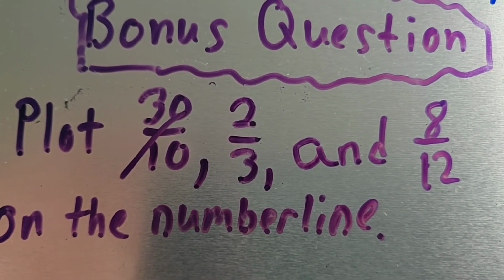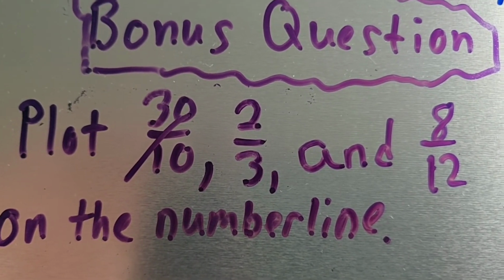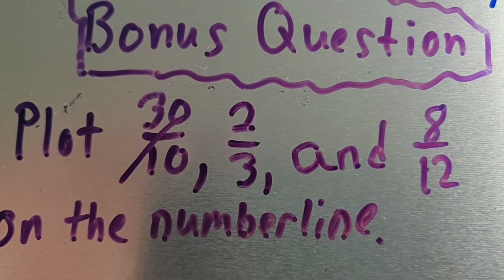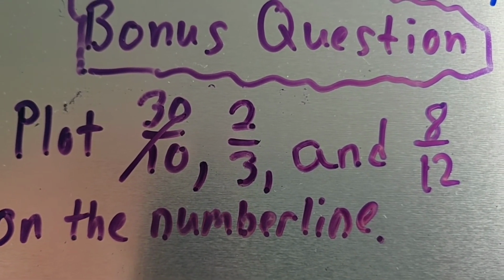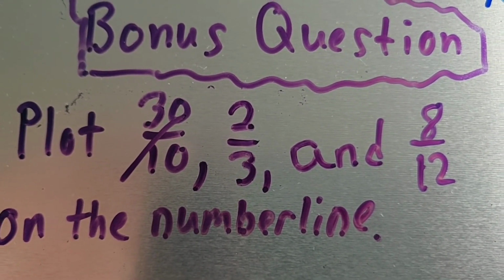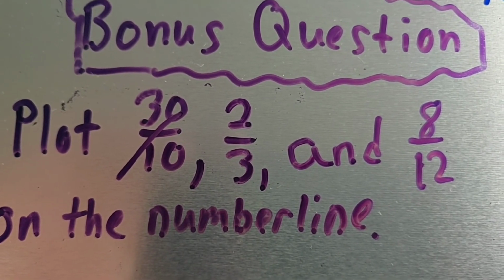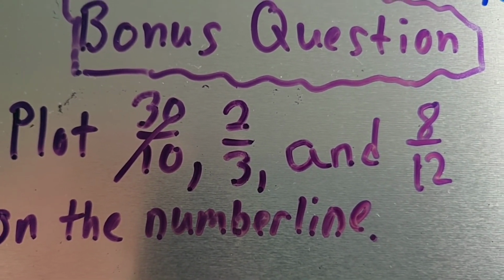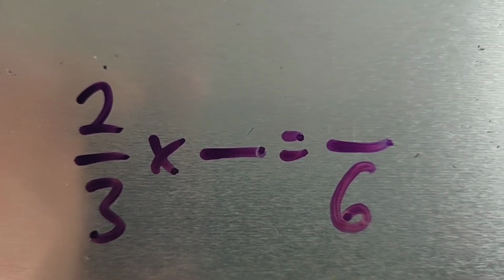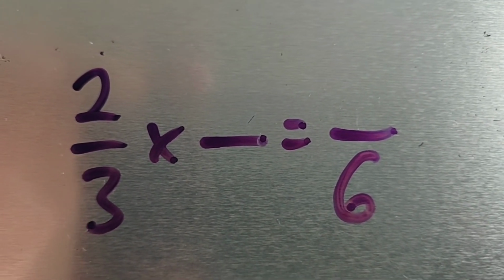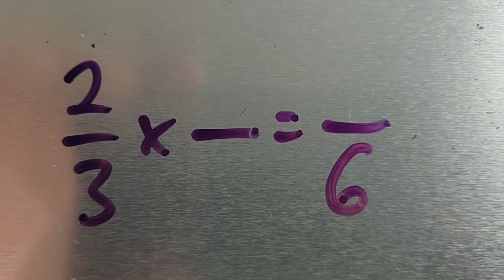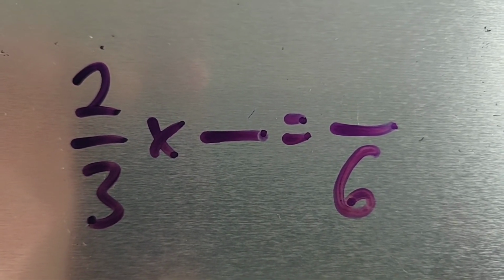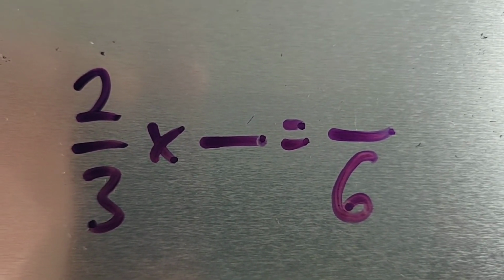Next, we are asked to plot 2/3 on our number line. Well, again, on our number line, each whole is broken into 6 equal parts. So I wonder if I can express 2/3 as an equivalent fraction with a denominator of 6. And this is how we've been setting that up. If we want to express a fraction that we were originally given as an equivalent fraction, we can set it up that way.